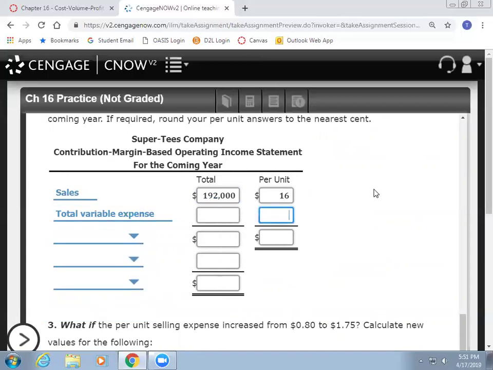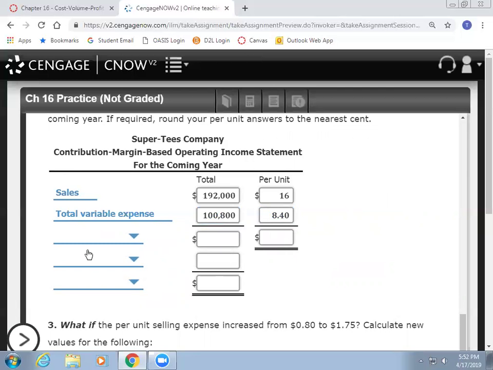What is our total variable expense? 100,800. Very good. The per unit variable was the $8.40 that we already calculated, and we multiplied by the 12,000 units.